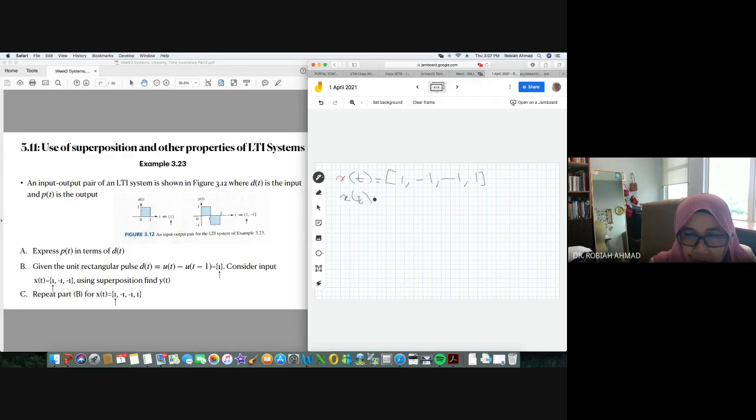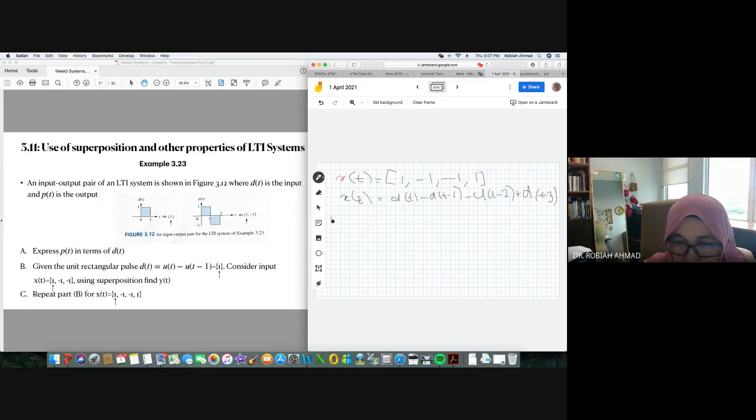Plus dengan d minus d(t minus 1) minus d(t minus 2) plus d, plus because of the amplitude, (t minus 3).